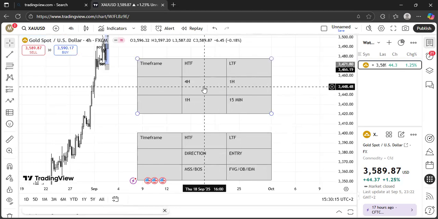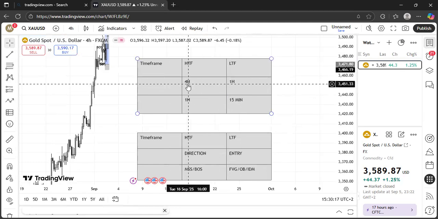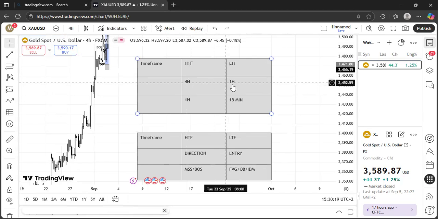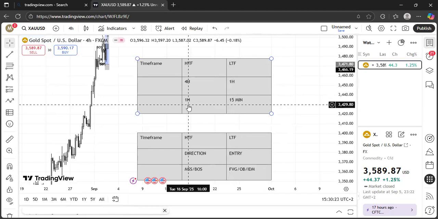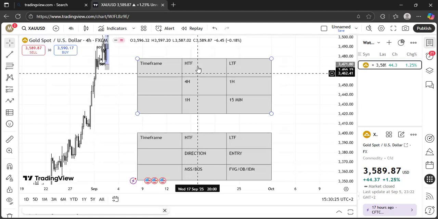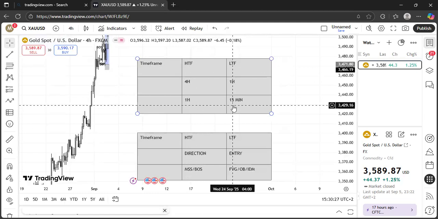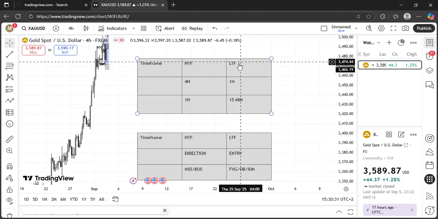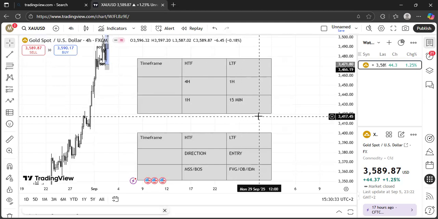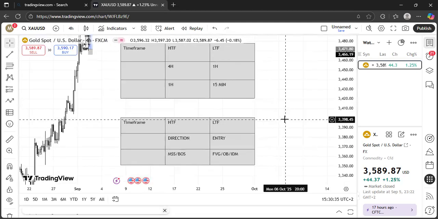You can either use your 4-hour time frame as your higher time frame and your 1 hour time frame as your lower time frame, or you can use your 1 hour time frame as your higher time frame and the 15 minute as your lower time frame to get your trade.